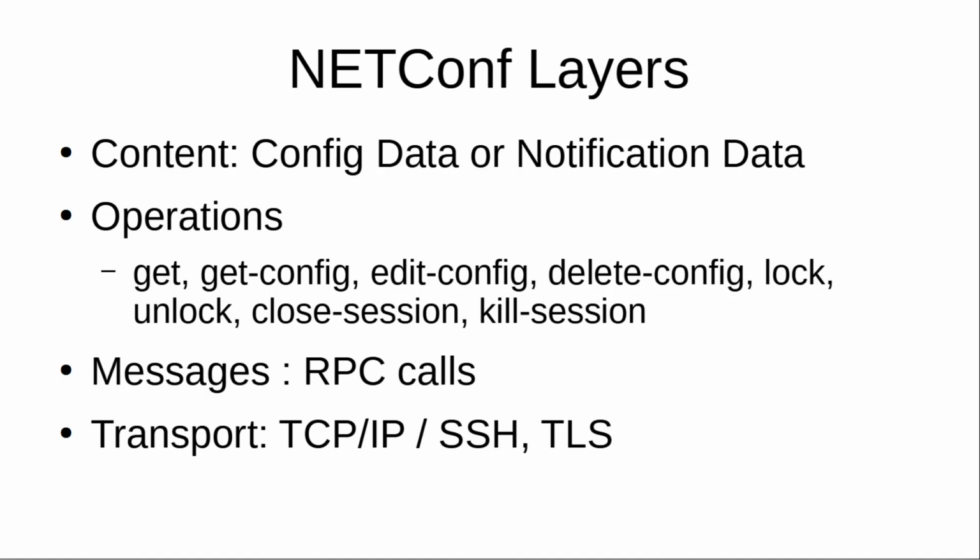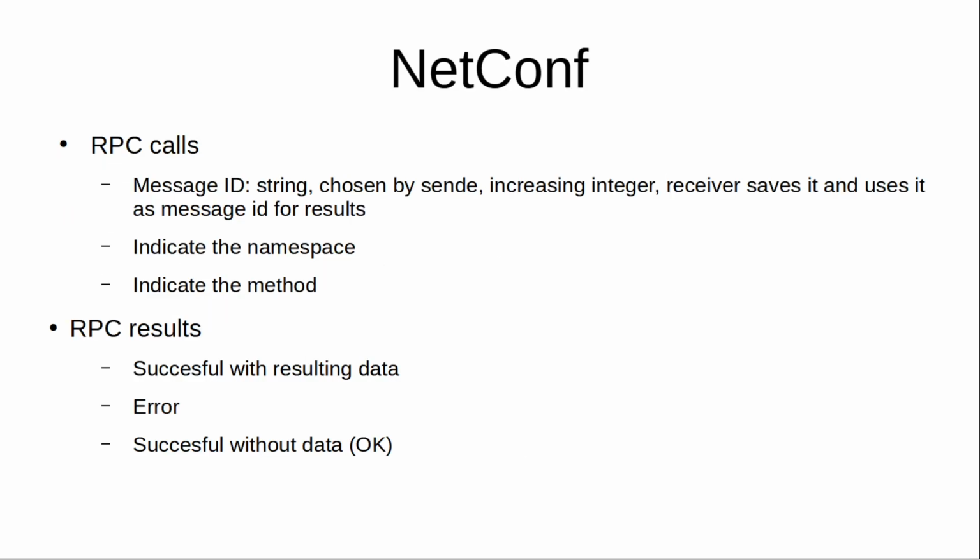The transport layer is TCP with the secure channel layer. The messages layer includes the RPC calls. The operations layer is what you will be doing with your device: get config, edit config, delete config, lock, unlock, close session or kill session. And the content layer means that you will be working with config data or notification data.